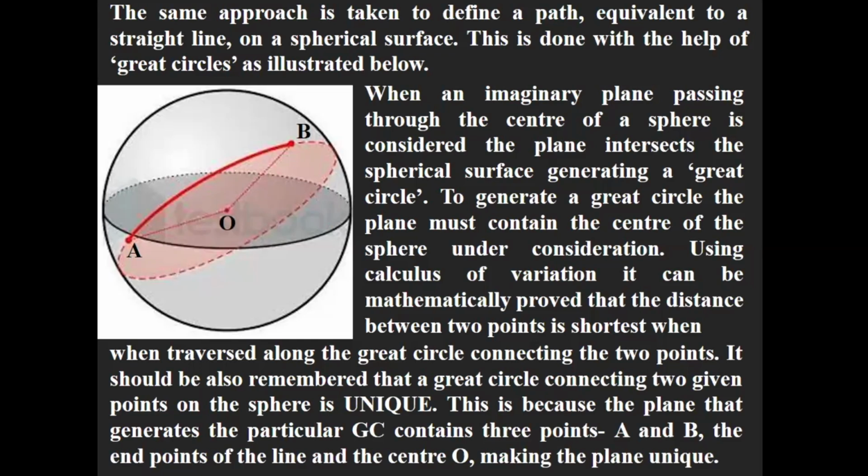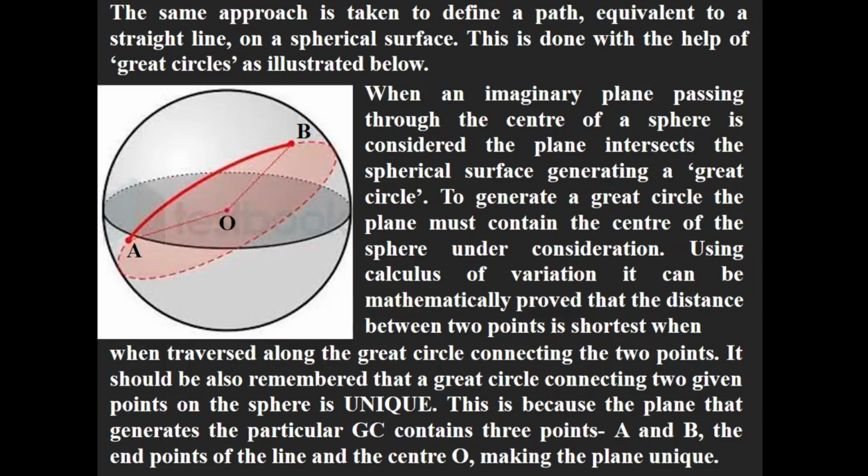These circles are called great circles. And when a great circle connects A and B, this distance will be the shortest. It can be mathematically proved, but I'm not going into that proof.